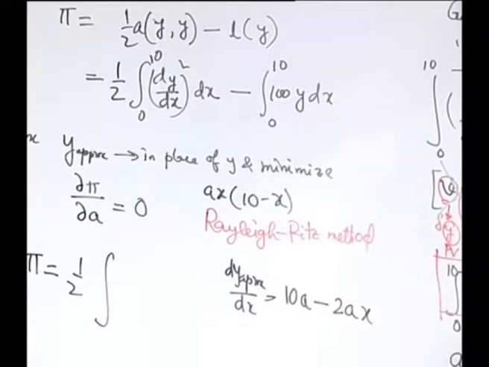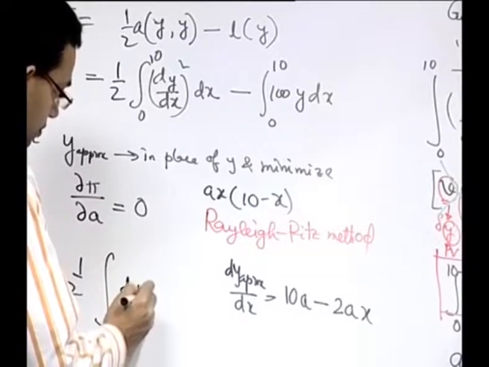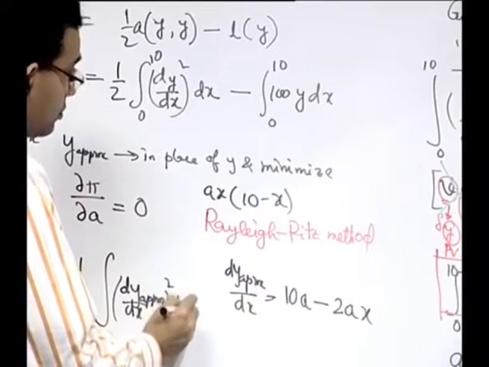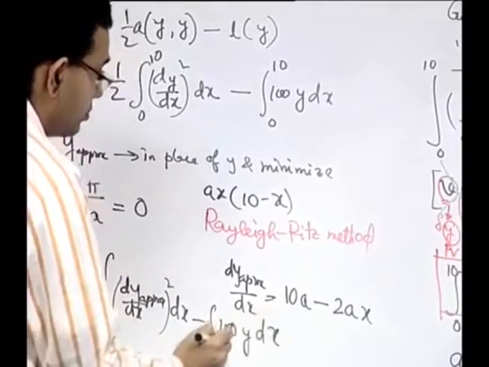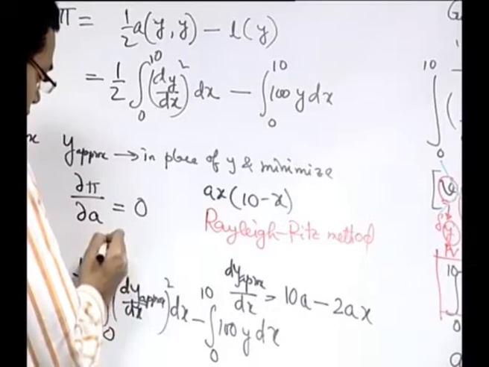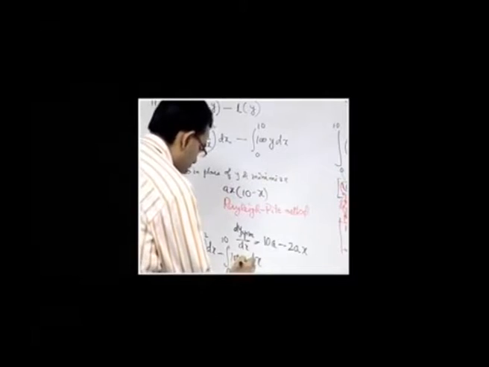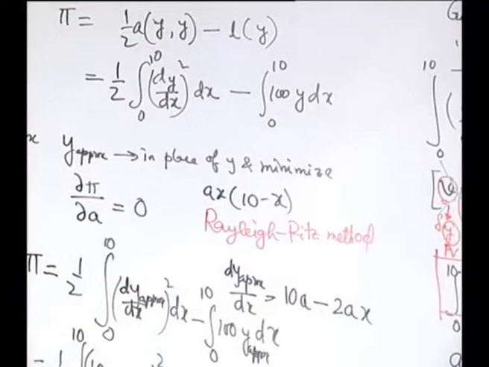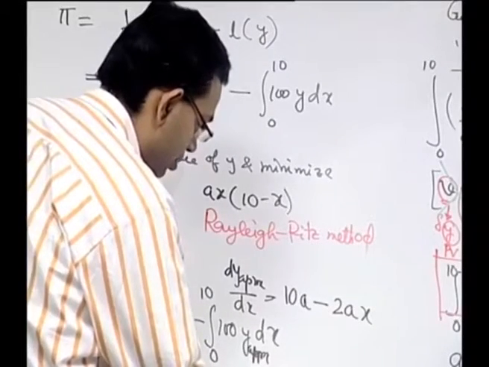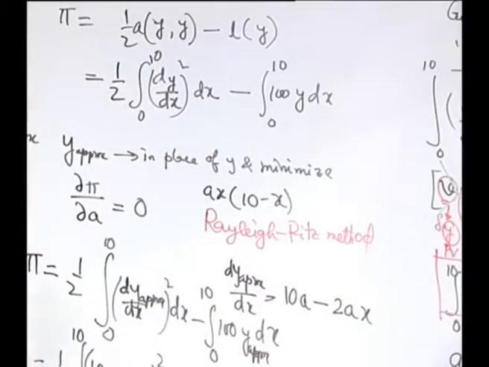Then pi will be the integral of half of dy approximate dx whole square minus 100 y dx, where here also y is y approximate, a x into 10 minus x dx. So, let us complete this one.